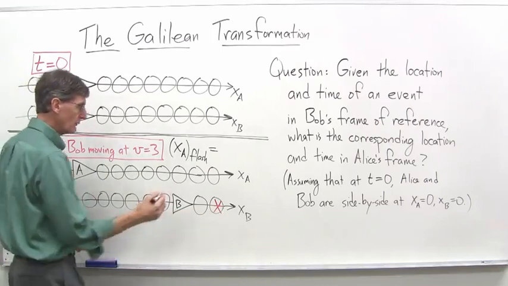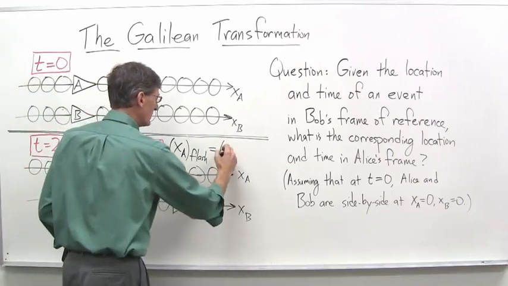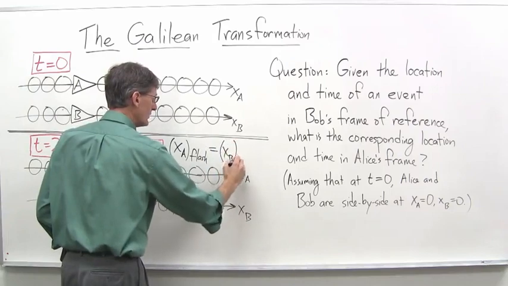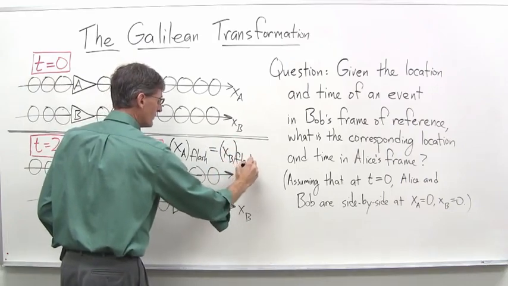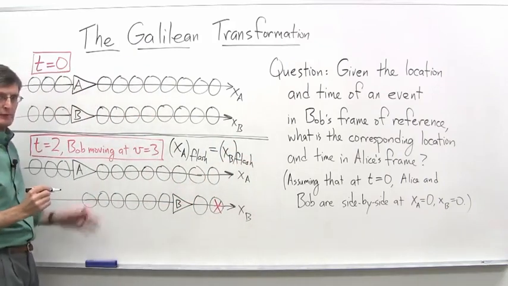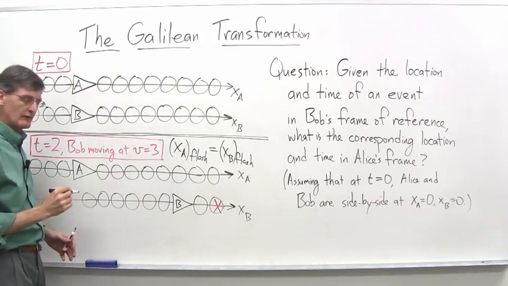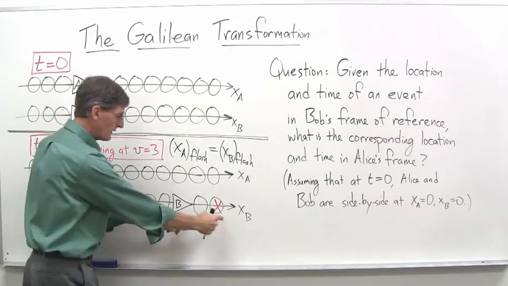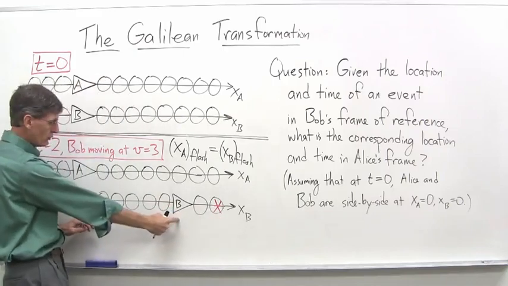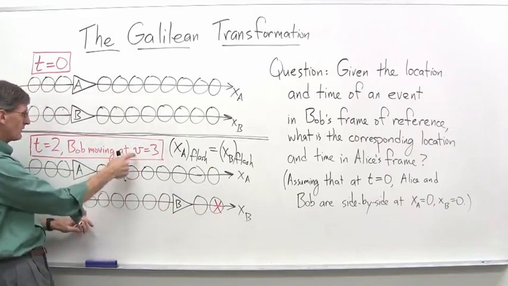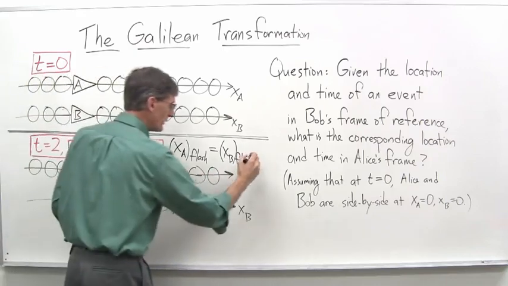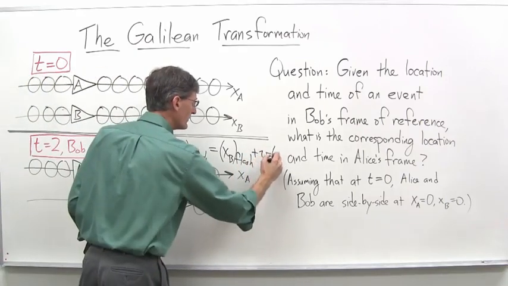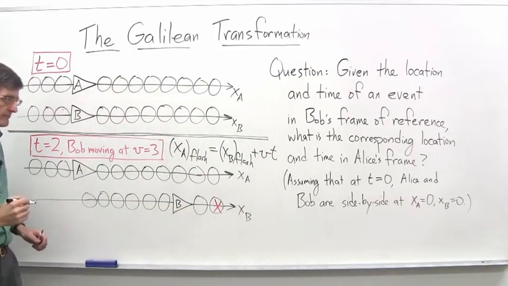We'll write it like this: it'll be his position, xb of the flash. I'll erase that so we can get a little more room here. So xa will be xb of the flash plus the distance he's moved. Well, the distance he's moved is simply velocity times time, so it's plus velocity times time.